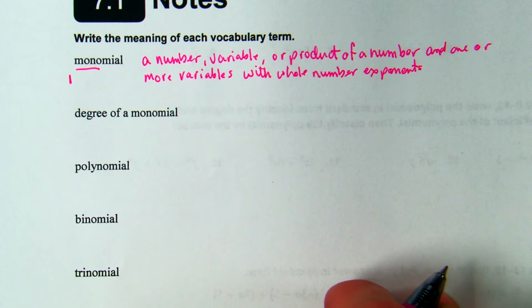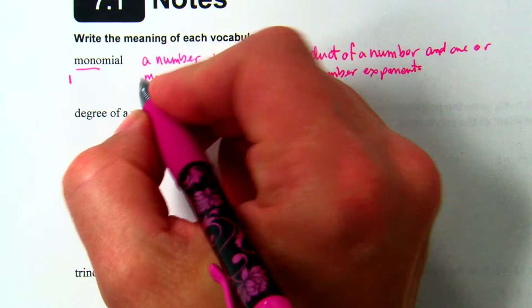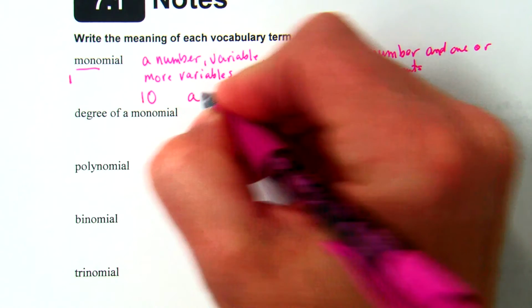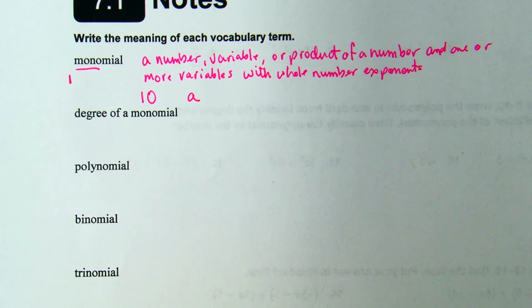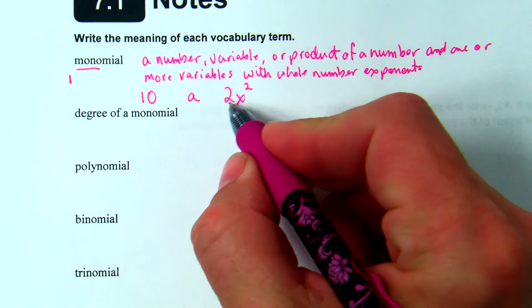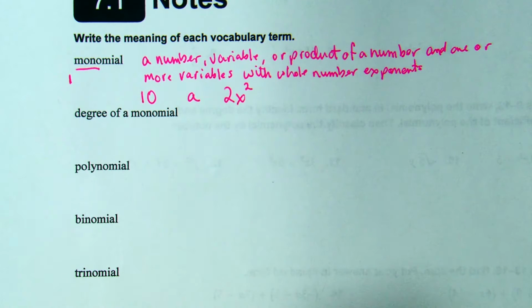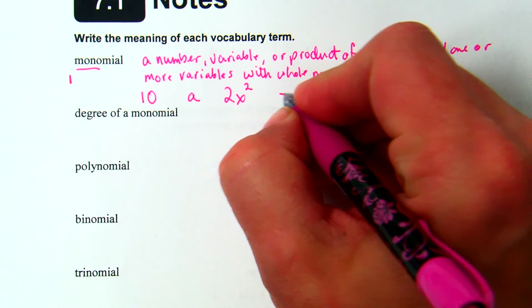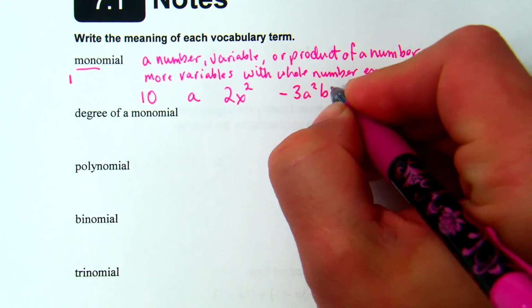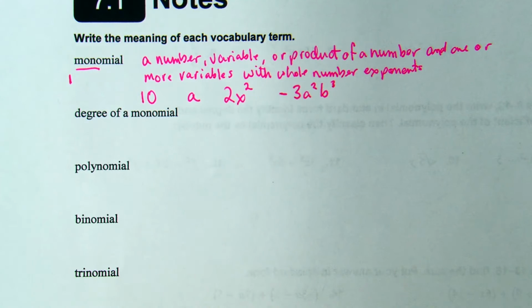And some examples of a monomial would be like the number 10, or maybe the variable a. That's a monomial. And an example of a product of a number and one or more variables might be 2x squared. That's a product of 2 and 2 x's, so that is 2x squared. That's a monomial. Then we'll have maybe a negative 3a squared b cubed. Again, this is a monomial.